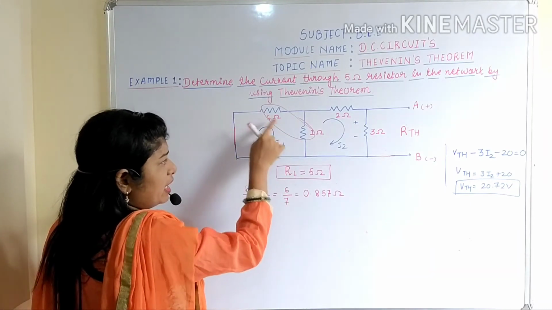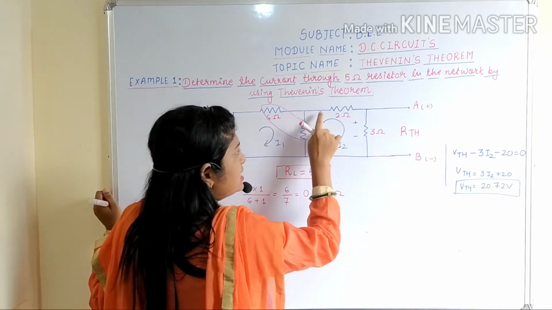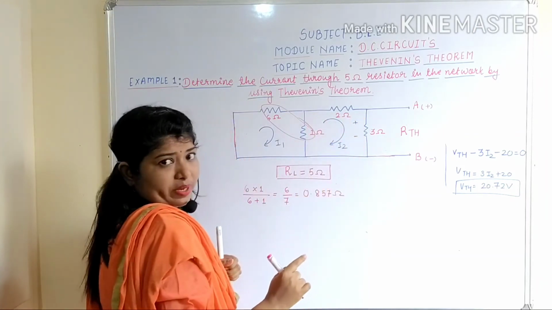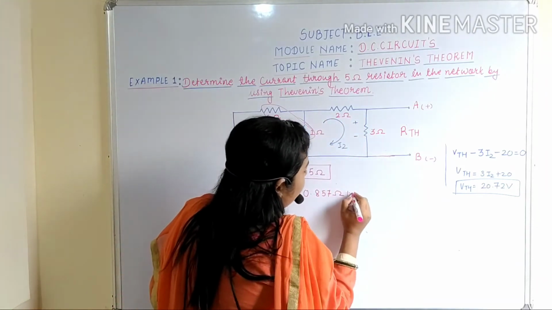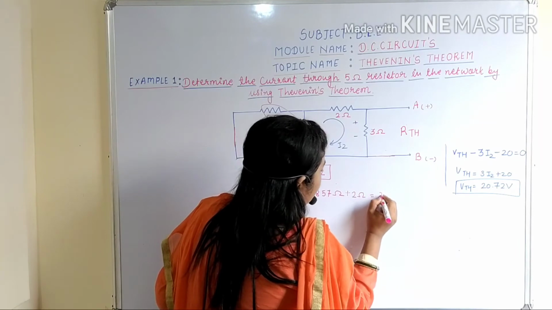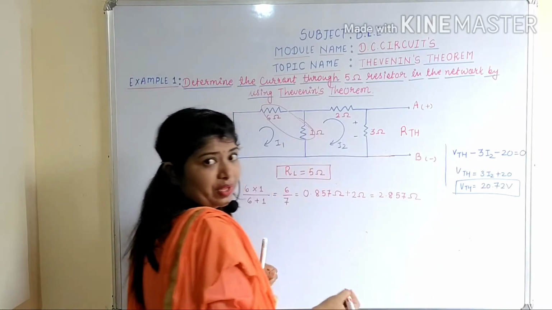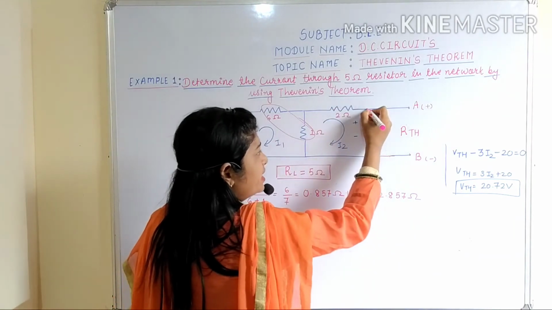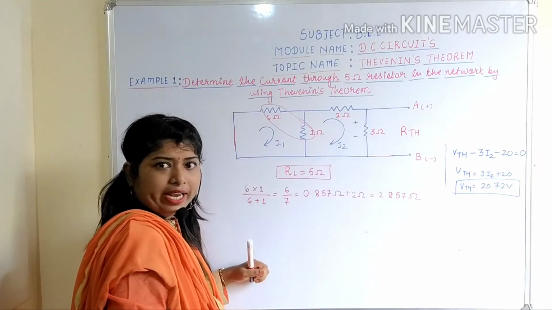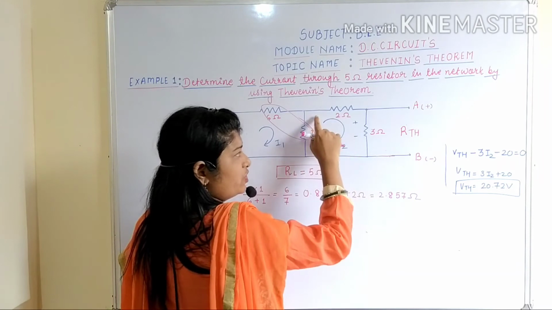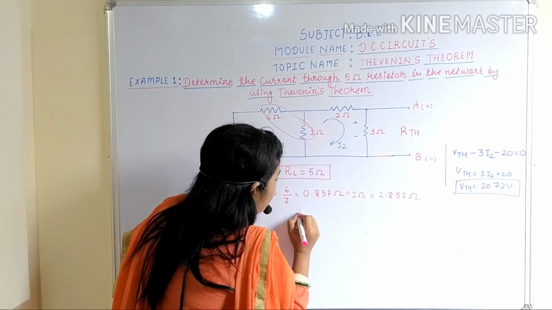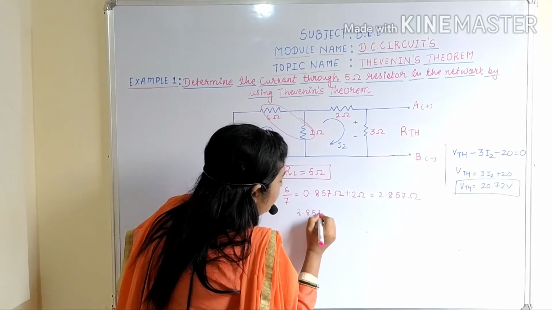You can find out the answer. Now this parallel combination is in series with this 2 ohm resistor. So what would be the value over here? It will become 2.857 ohm. Now again at this particular point current gets divided. So that series combination again is in parallel with the 3 ohm resistor.